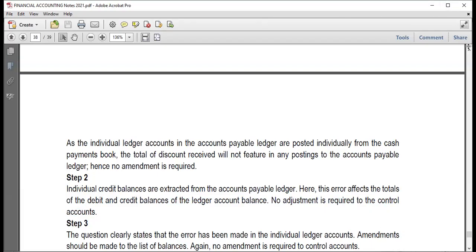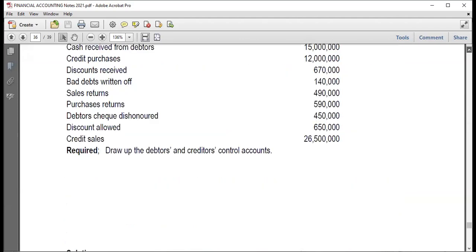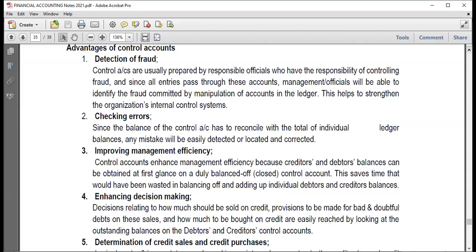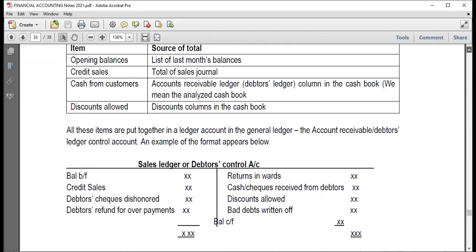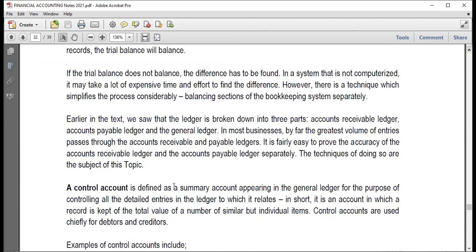Just for your understanding, remember what we said when we defined our control accounts from the start. They said it is a summary account appearing in the general ledger for purposes of controlling the detailed entries in the ledger.